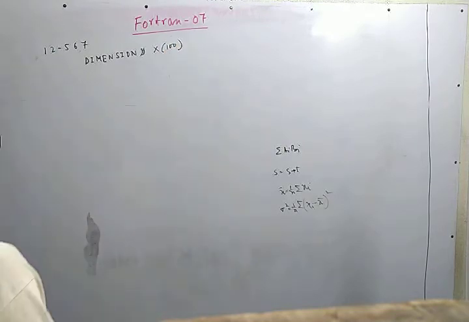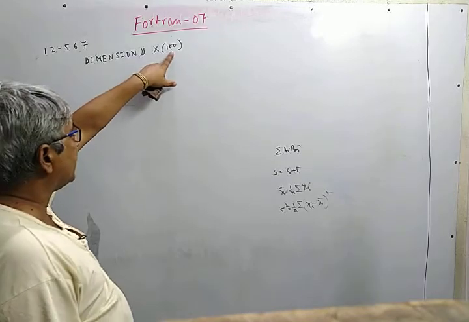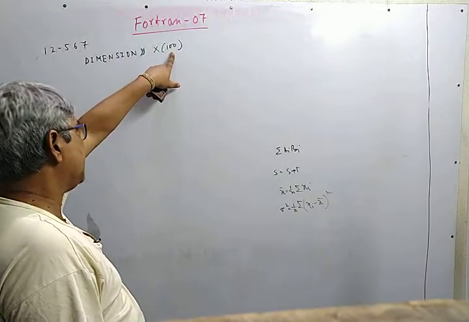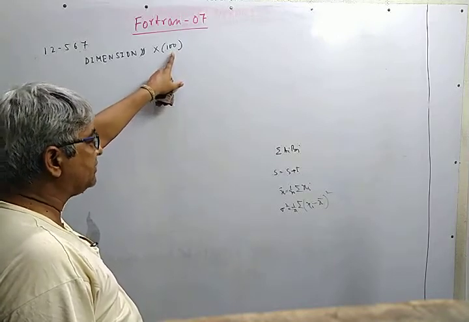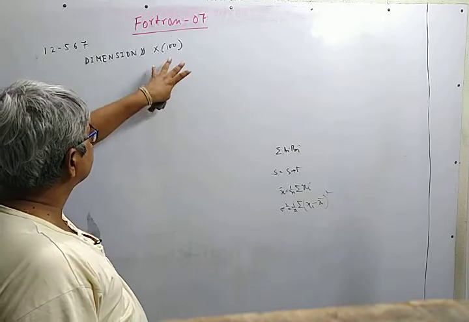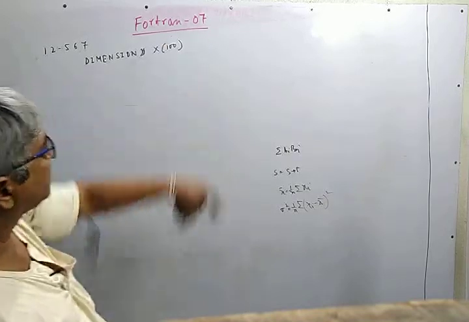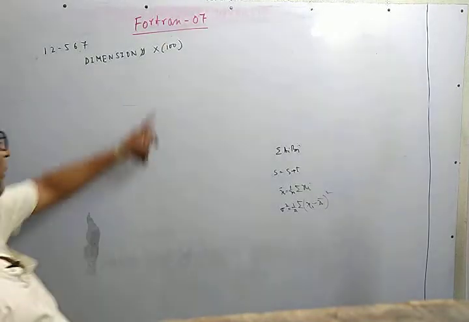You may write it for 1000, but you should not increase the dimension too much, because during execution, if you write the statement like this, then it keeps 100 places reserved for x.